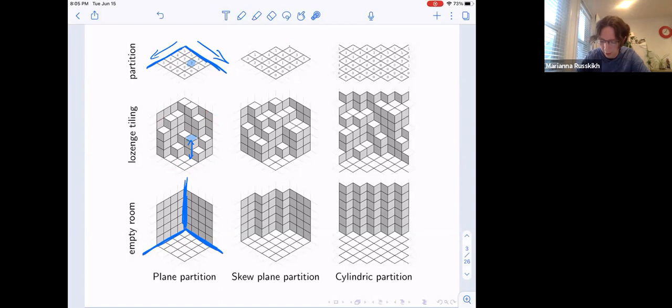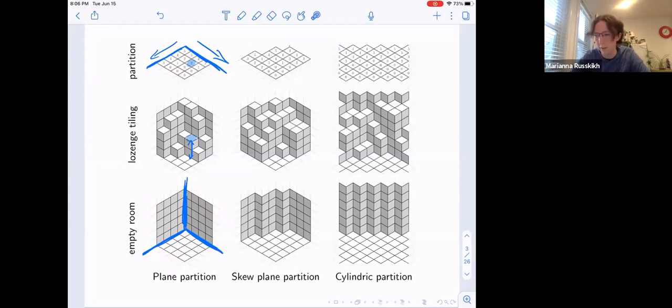In each 2 pi over 3 quadrant, all but finitely many lozenges are of the corresponding type. Or in other words, we're interested in lozenge tilings which differ from the empty room configuration by a finite number of lozenges.